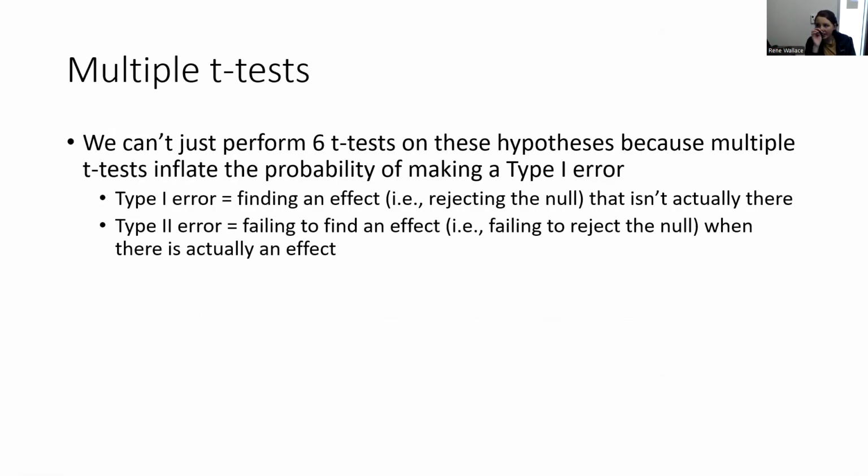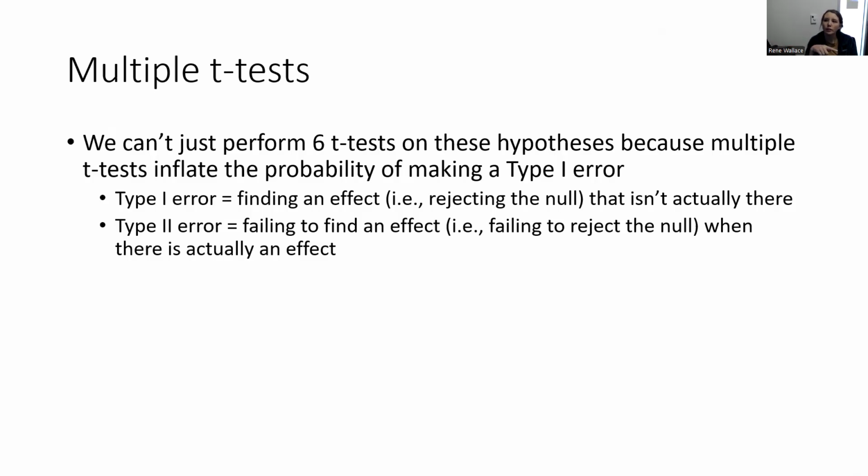So we can do something called an ANOVA, which stands for analysis of variance. Because if we just keep doing t-tests over and over again on those, we could increase the risk that we'll conduct type 1 error. Type 1 error is when we say that we found an effect, we reject the null, and we say that we found this effect or this difference that isn't really there.